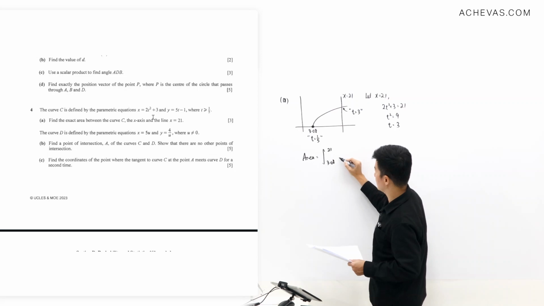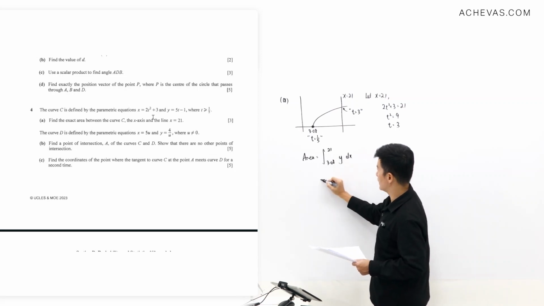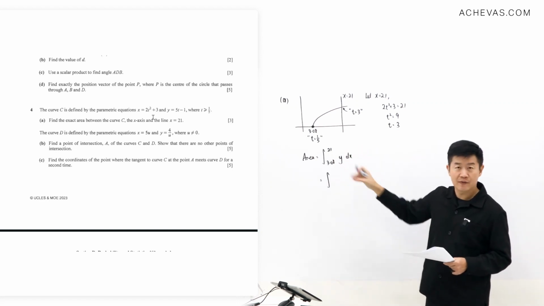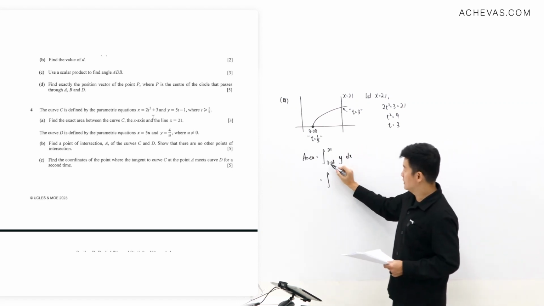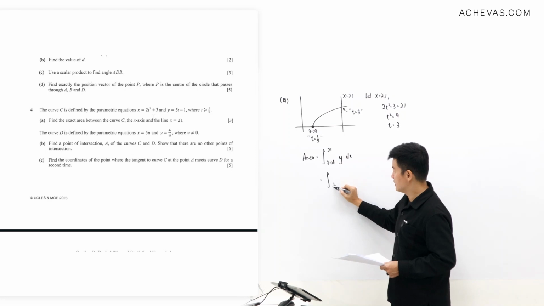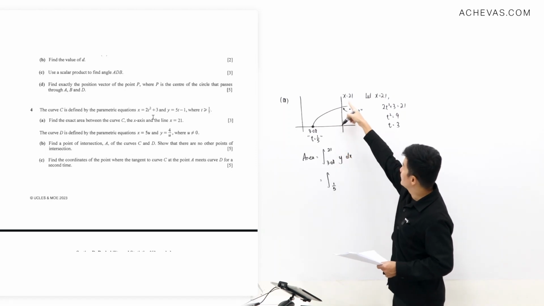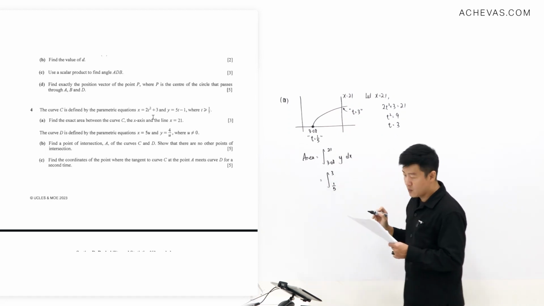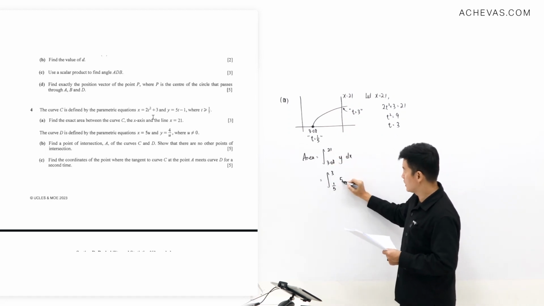So to find this area, it is going to be integrating from 3.08 all the way until x is equal to 21 of y dx, and replacing as much of what we have here with t. This, if I were to replace it by t, is going to be 1 over 5. 21, if I were to replace it by t for this particular point here, is going to be 3. Y, according to what is given to us by the question, is 5t minus 1.